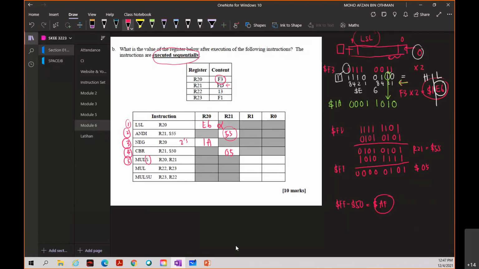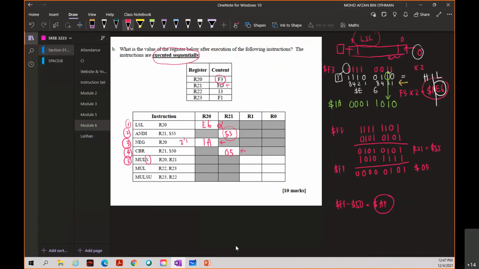R20 is 1A, and R21 is 05. How do you know whether this is a positive or negative number? You need to change the hexadecimal to binary first and then look at bit 7. If bit 7 is 1, then you need to do the 2's complement. If not, you just take the value and multiply.